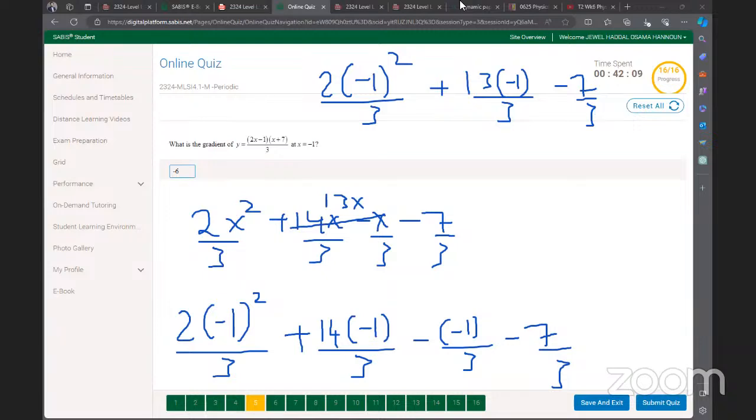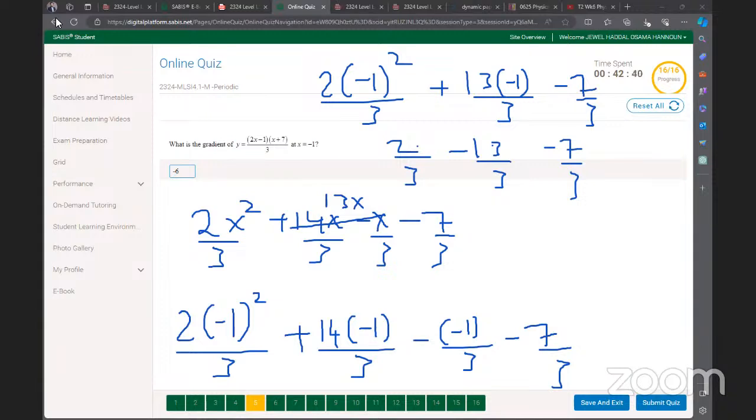I need you to do it on your own, just to make sure that everything is okay with you. Sir, same answer, -6. Negative 1 power 2 is 1, so 2 over 3 minus 13 over 3 minus 7 over 3. 2 minus 13 is negative 11, negative 11 minus 7. Yeah, right. It's negative 6.